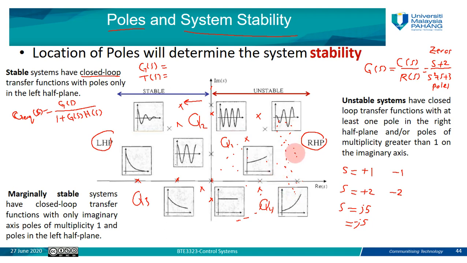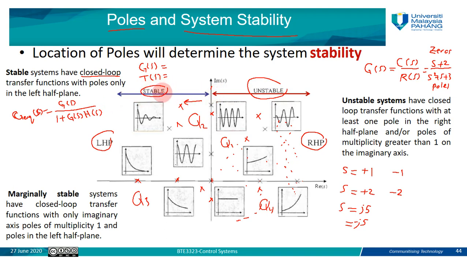our system will be unstable even if there is only one pole located in this area. It doesn't mean all poles should be on the right. If you have only one pole located on the right half plane of the S-plane representation, the system will be unstable. So this is unstable from 0 forward to positive infinity, and from 0 to negative infinity the system will be stable.